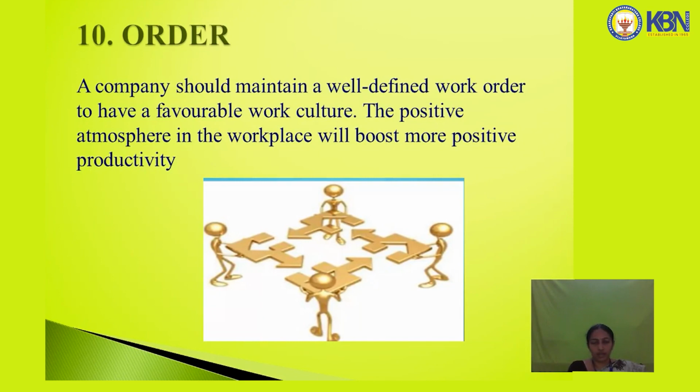At the end of the process, they get the thread. This is the order we have to follow systematically, one after the other. When we work in a systematic manner, there will be a positive atmosphere in the workplace, so that productivity will increase.